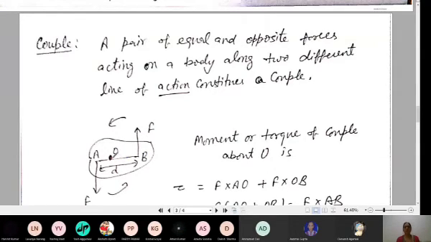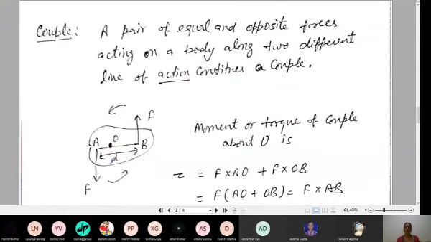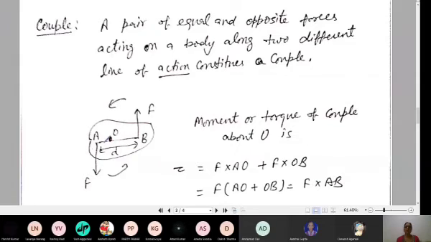For this, if you see the distance OA, for this force, if I'm applying at this point, O is the point, then I can write the torque, which is given by F into OA, the perpendicular distance for this first force, and for this force which is at B, the perpendicular distance is OB, and OA and OB together are taken as a small d.